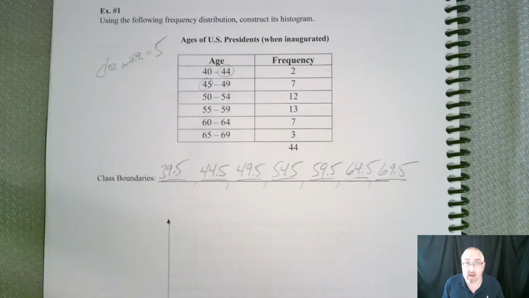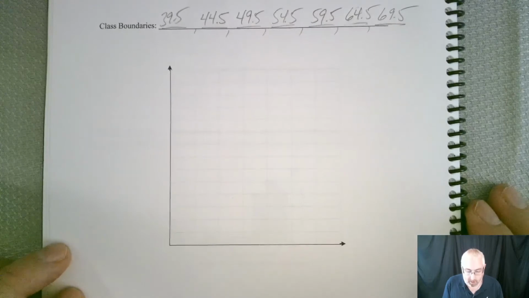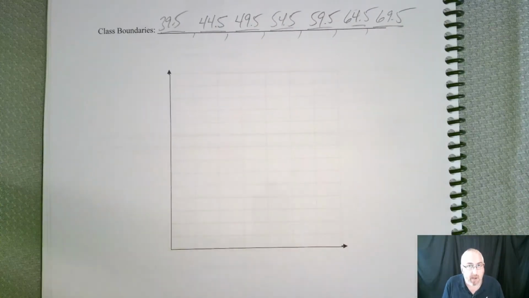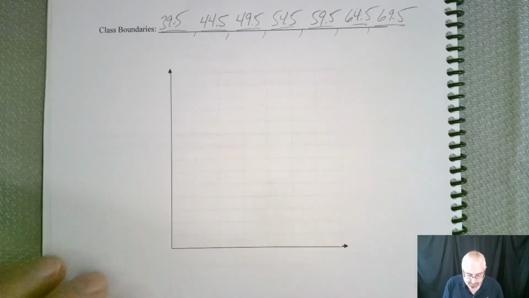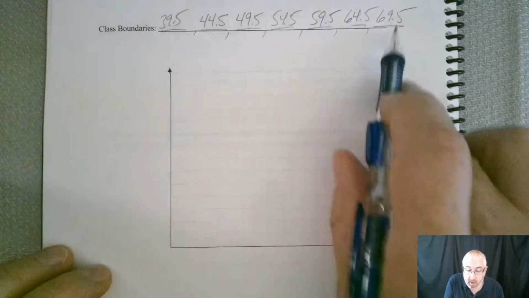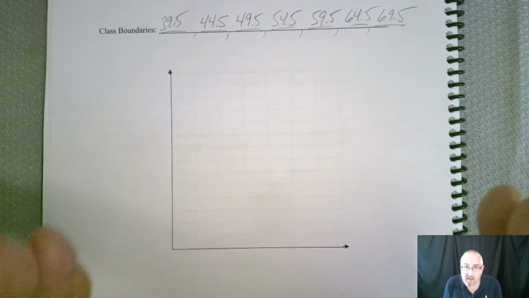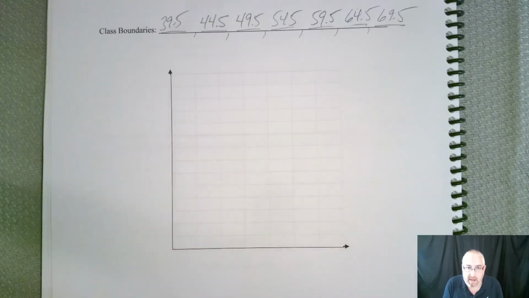All right, so that's the hard part. Now we got to actually do a little drawing. Now you can kind of see that you have a little bit of a grid here to help you with your drawing, so you don't have to be a perfect artist. But if we want to start labeling our class boundaries across the bottom, we always like to have the histogram start right tight next to the vertical axis.